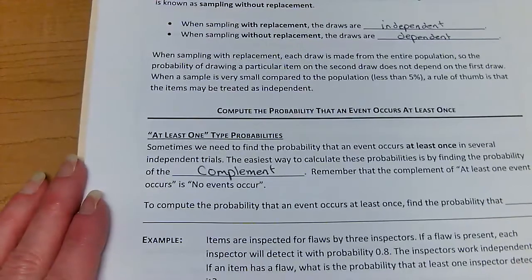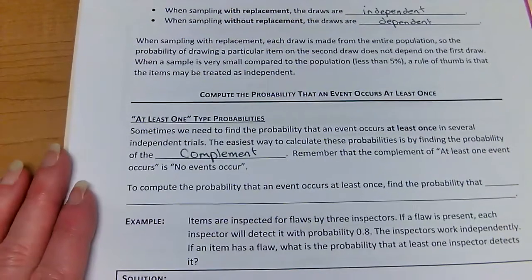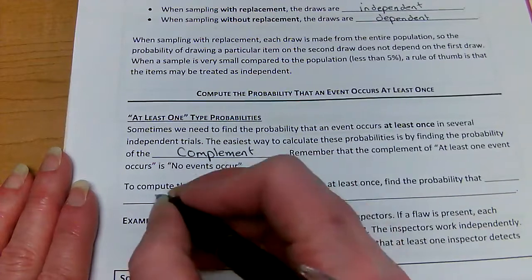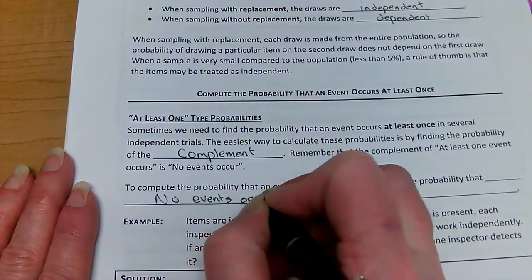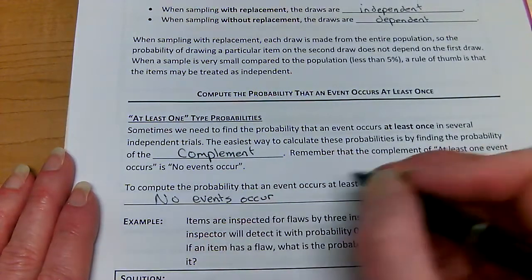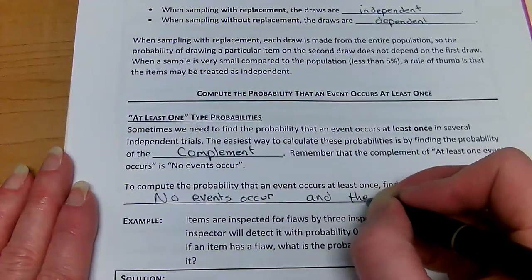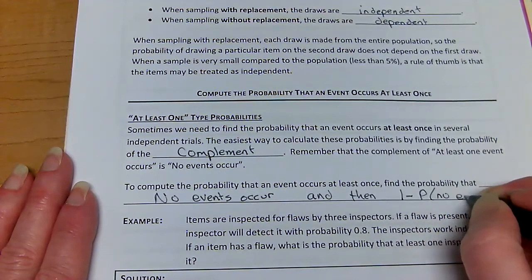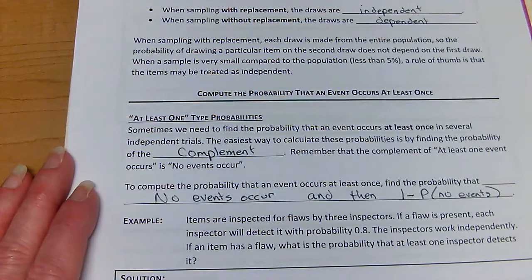Because remember that the complement of at least one event is that no events occur. So to compute the probability that an event occurs at least once, find the probability that no events occur. And then you'd have 1 minus the probability of no events. That would give you the probability that it occurs at least once.